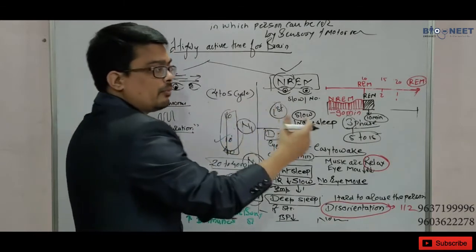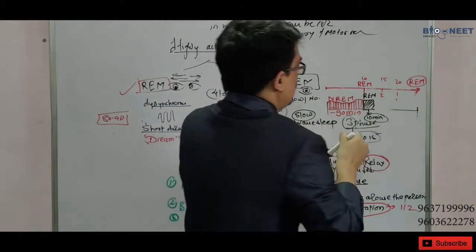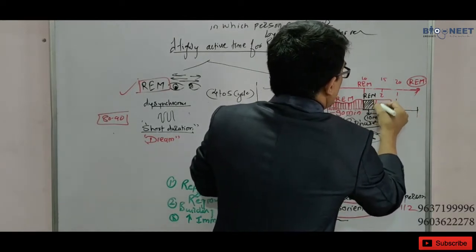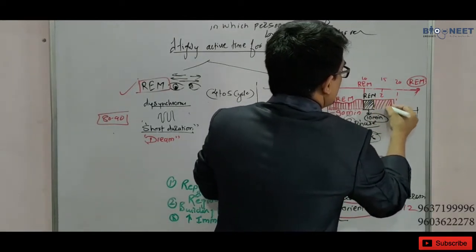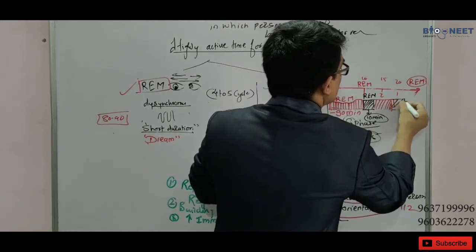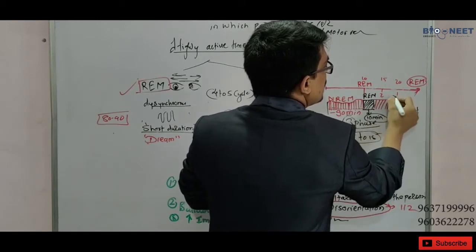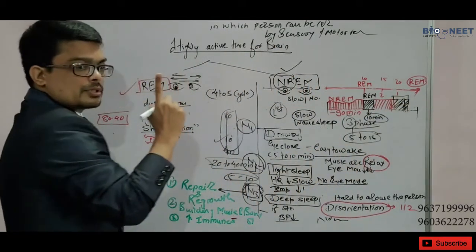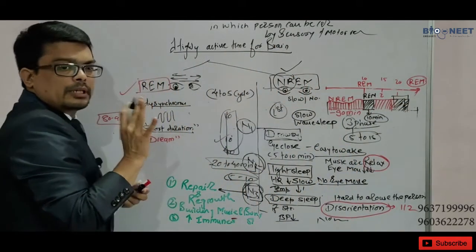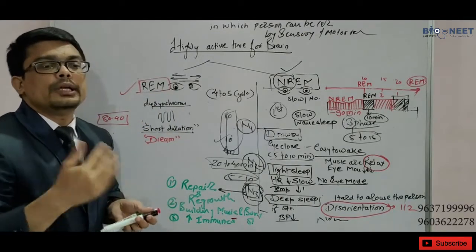Almost like 1.5 hours. Again, after 10 minutes, there is NREM sleep. Then after NREM sleep, there is REM sleep. Slowly, the REM sleep increases, right? So first REM sleep is not more than 10 minutes. Okay, and what happened here? Then it slowly increased.